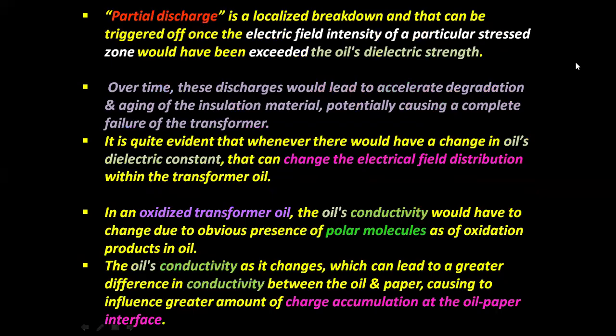Partial discharge is a localized breakdown that can be triggered once the electric field intensity of a particular stressed zone exceeds the oil's dielectric strength. Over time, these discharges lead to accelerated degradation and aging of the insulation material, potentially causing a complete failure of the transformer.